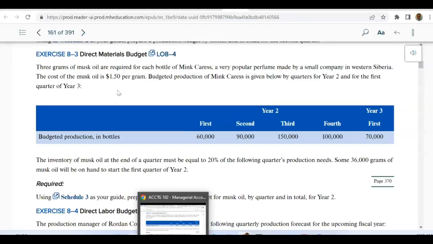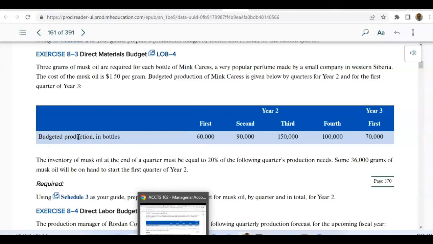The cost of musk oil is $1.50 per gram. Budgeted production of Mink Keres is given below by quarters for year 2 and for the first quarter of year 3. So we need to have a production budget.